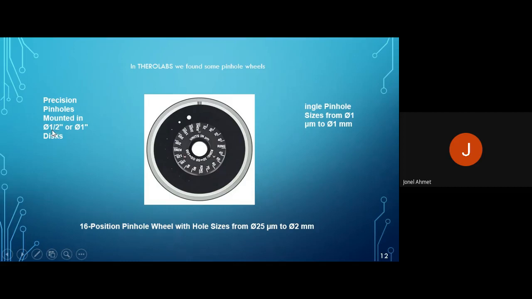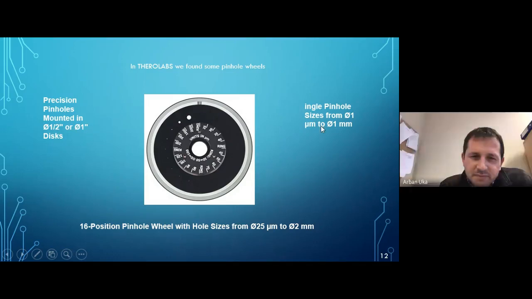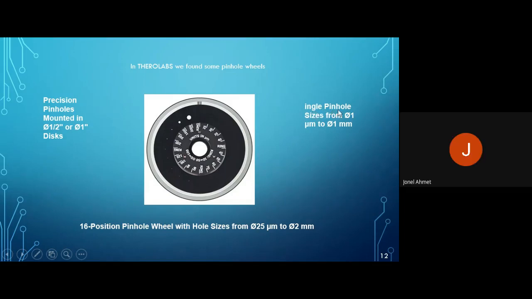This one is the one I talked about: a precision pinhole mounted in a half-inch or 1-inch disc, with single pinhole sizes from 1 micrometer to 1 millimeter, and a 16-position pinhole wheel with hole sizes from 25 micrometers to 2 millimeters.